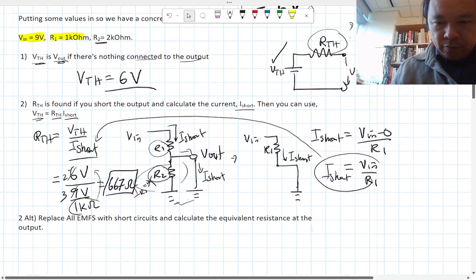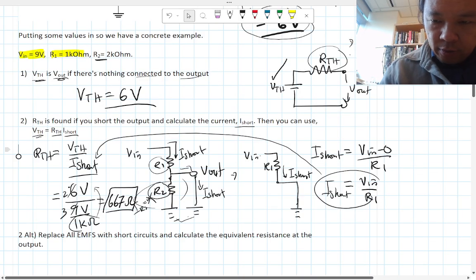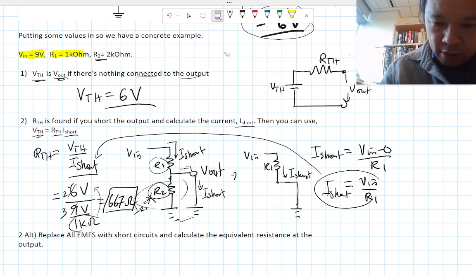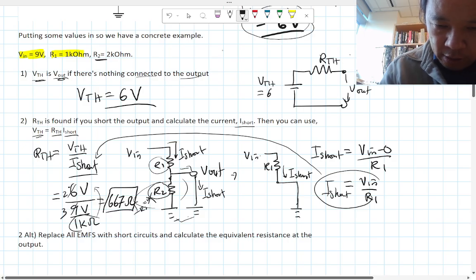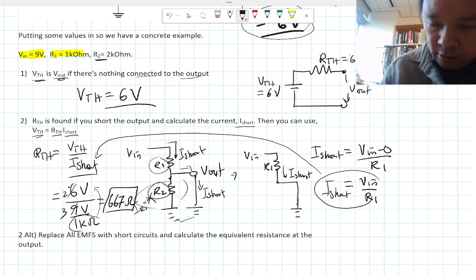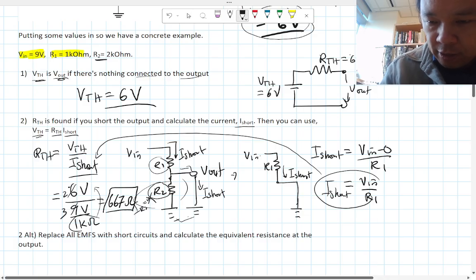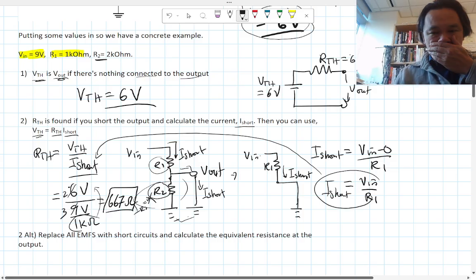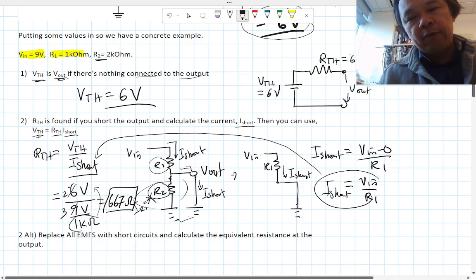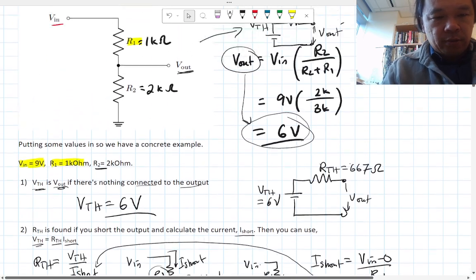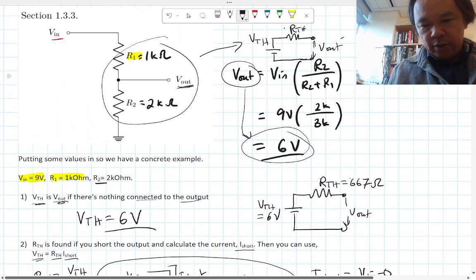When you draw these equivalent diagrams, we should mark V Thevenin equals 6 volts and R Thevenin as 667 ohms, rounded up from 666.67. That's going to be equivalent to this particular voltage divider with these resistors.